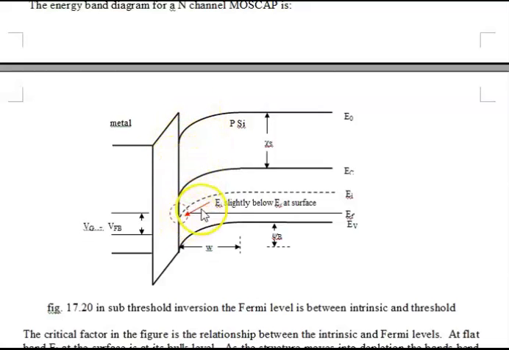In this particular case, E sub i falls slightly below the Fermi level at the surface, so we have some electrons in this region. We have a large number of fixed negative ions in the depletion region, so we have a fairly healthy depletion width. However, the band bending here is much smaller than the bulk band bending, phi sub B.